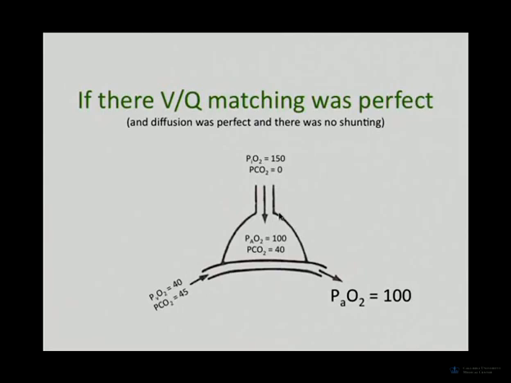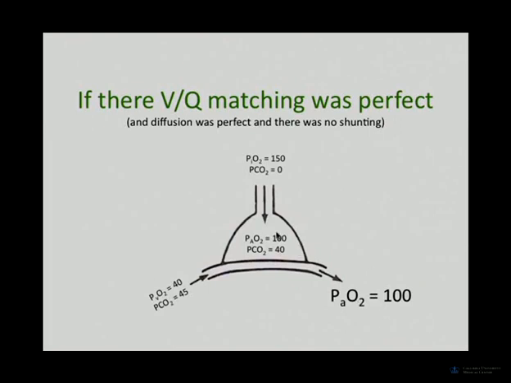Amy alluded to it and hinted with her patients, the 3 patients that we had at the end of the last lecture. If VQ matching was absolutely perfect, and there was none of this little physiologic VQ mismatch in the lungs, we would have this alveolar concentration of oxygen, and if diffusion was perfect, let's just assume that it is, when we measured a person's radial artery gas, we would see that everything's perfect, ventilation perfusion matching is dead on VQ of 1.